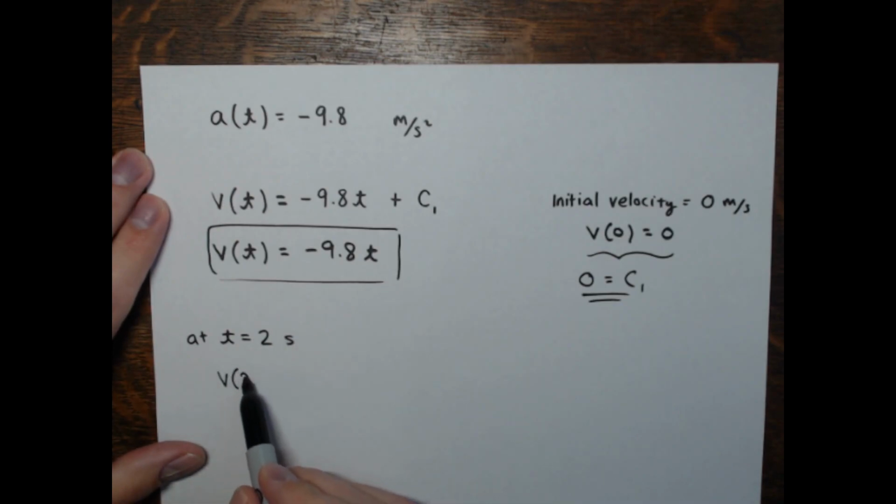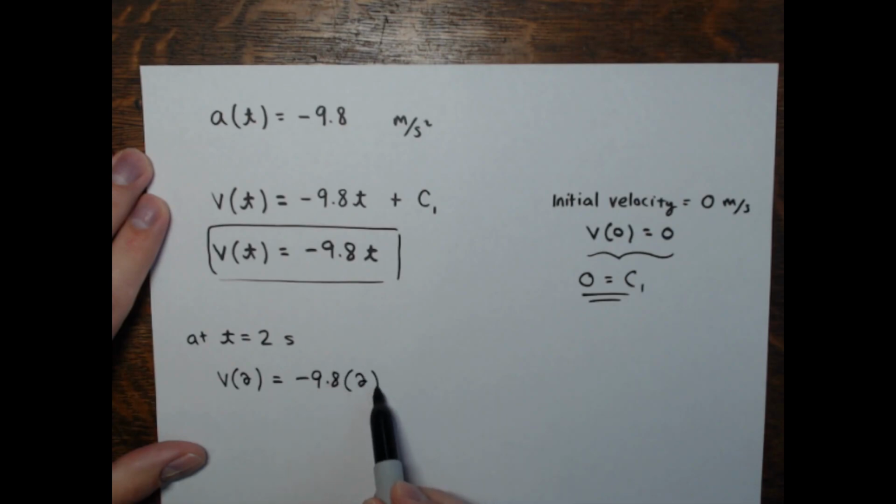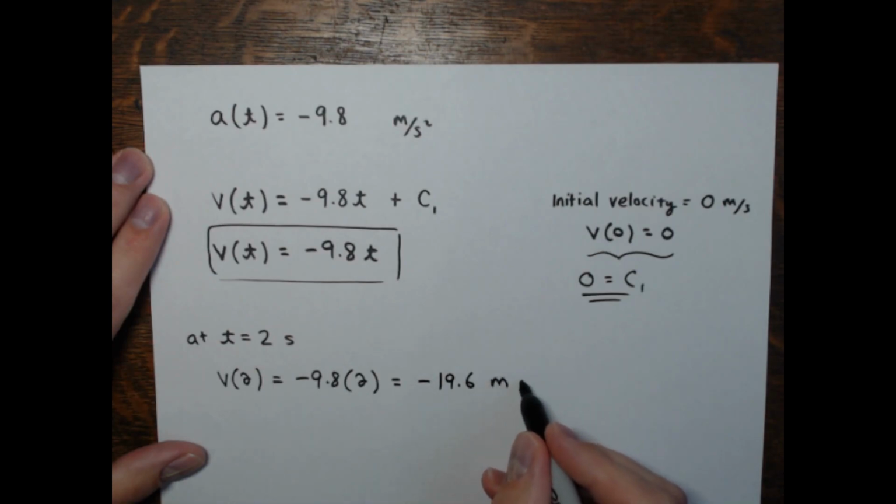The velocity at 2 seconds is just negative 9.8 times 2. So that'd be negative 19.6, and that's, of course, meters per second.